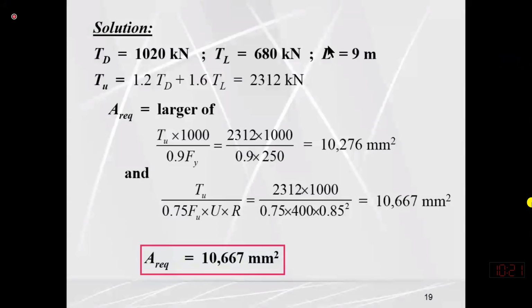On page number 47, in the second group, the very first section, W210 into 86, has area 11,010, which is more than 10,667. The section below this has area 9,100, which is not okay. So this would be our first trial section.